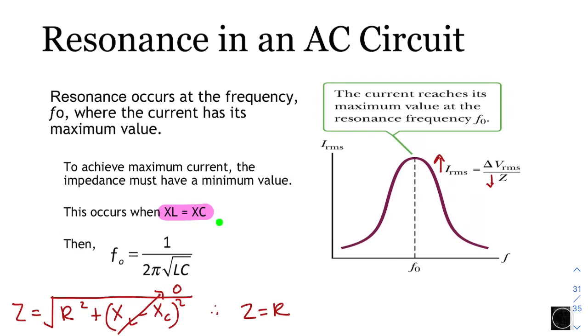We only can do this whenever XL is equivalent to XC. Why is it so? Because if XL is equivalent to XC, this equation is going to be simplified as this. And how about this equation?